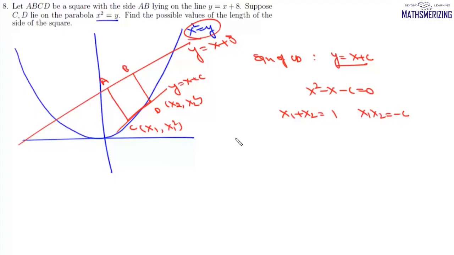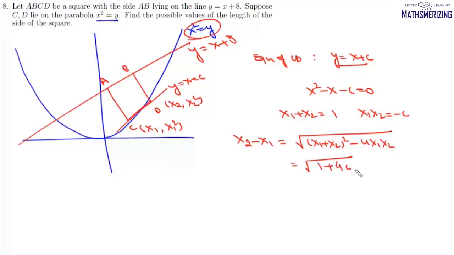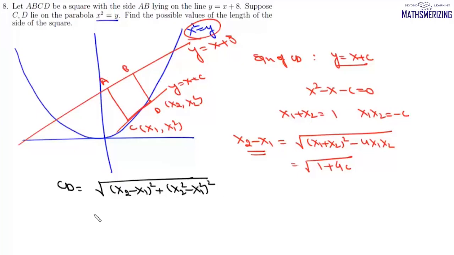Now we can find difference of roots also. So x2 minus x1 will be under root of x1 plus x2 whole square minus 4 x1 into x2. So it will be under root of 1 plus 4c. Now once we have x2 minus x1, we can find length of this side CD. So this CD will be under root of x2 minus x1 whole square plus x2 square minus x1 square whole square.